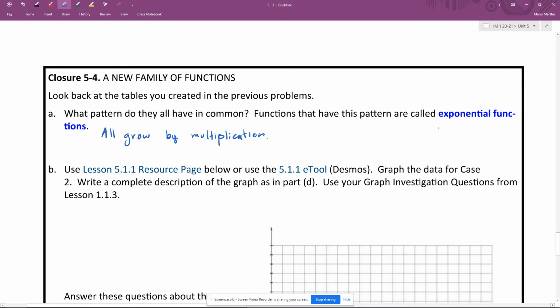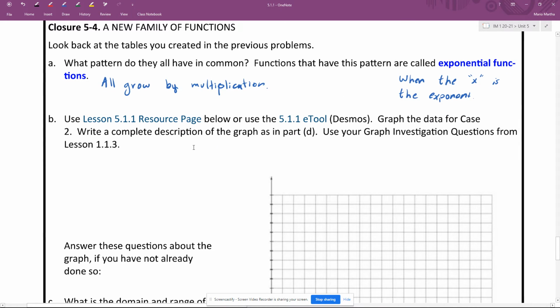An exponential function is when, and make sure you remember this, the x is the exponent. When the x is the exponent, those are our exponential functions.